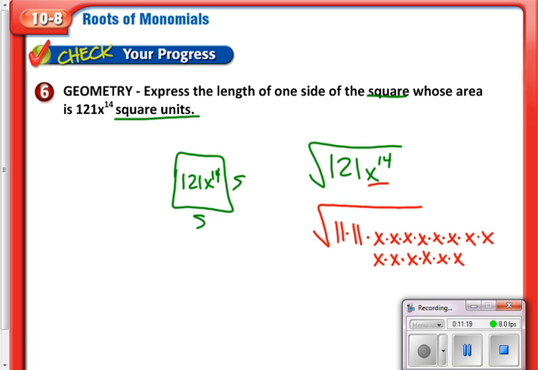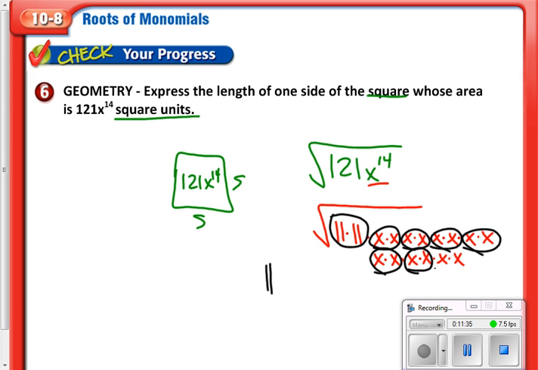Square. You need 2 of the same in order to move it out. So there's a pair, so I can move an 11 out. And now I figure out how many groups of x's. There's 1, 2, 3, 4, 5, 6, and 7 x's. So I have x to the 7th power. So each side length here is 11x to the 7th power.